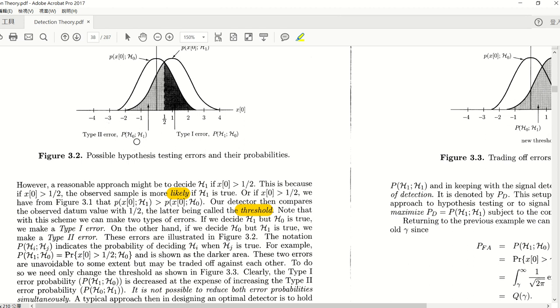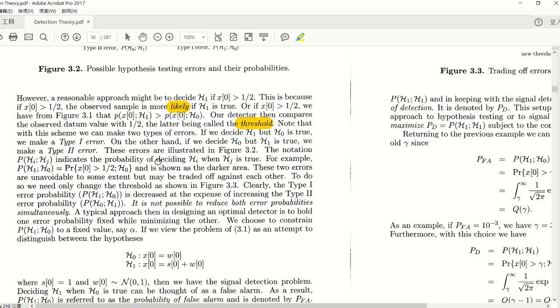We see it here, type 2 error. You condition on H1, and then you make a decision on H0, meaning that you are making mistakes in this area. Okay, so there are two types of error, type 1 error and type 2 error.